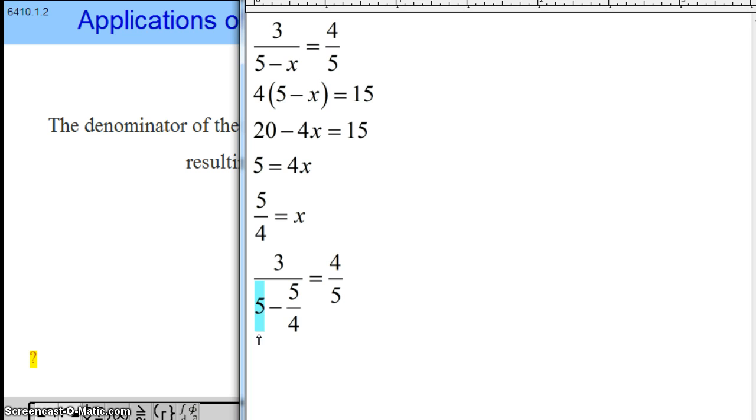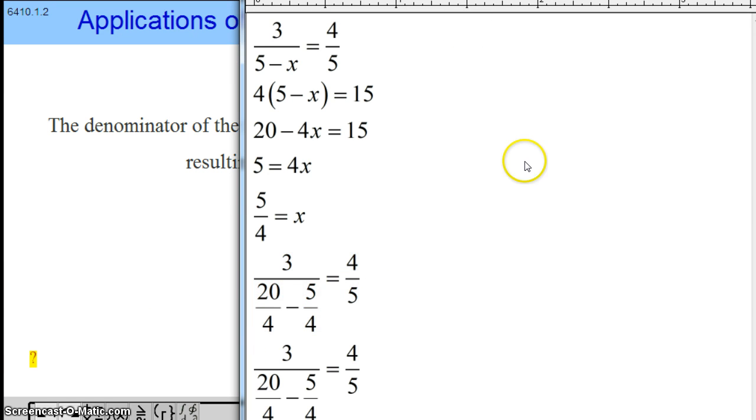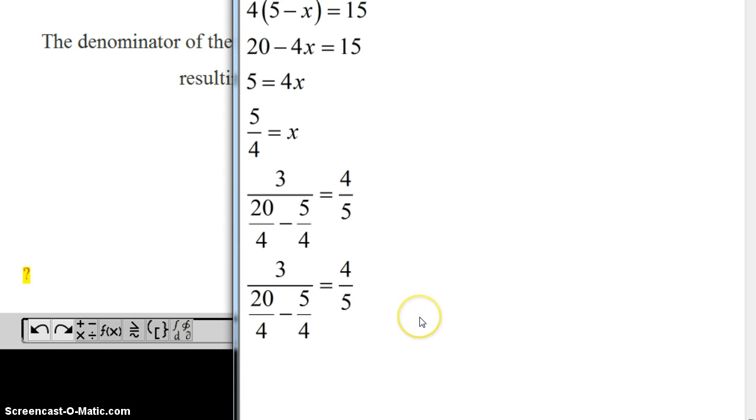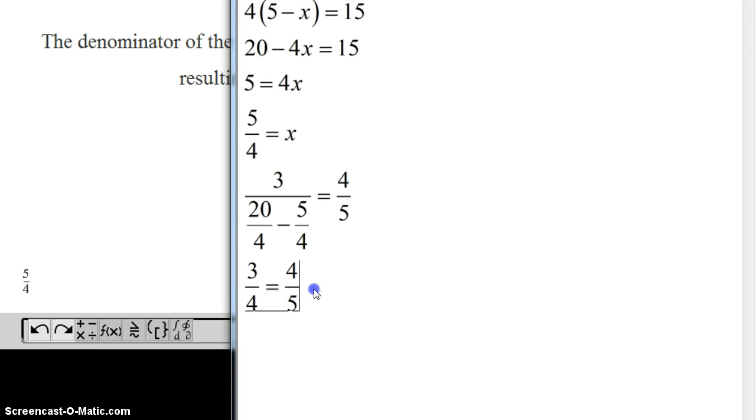Over 4 we would get 20/4. Oh, sorry about that, I made a little mistake there. On the bottom, 20/4 minus 5/4, that's 15/4, if I'm right.